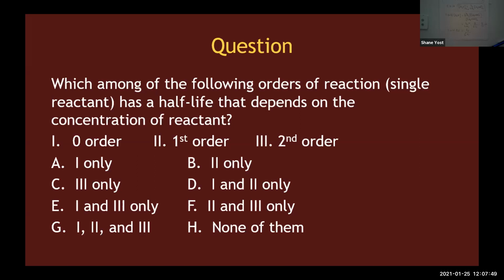The more reactant you have, the longer it takes, the larger the half-life, because the rate of that reaction is independent of concentration. So E here, 1 and 3. Zero order and second order are both going to depend upon the concentration of the reactant.